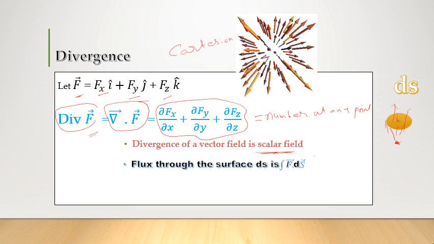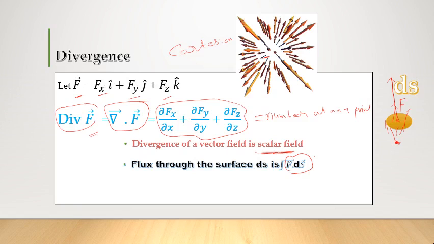You can define a vector which is normal to this small patch of the surface. Then you take the field defined somewhere in this region and take the dot product, that F dot ds is called the small flux through this small area.